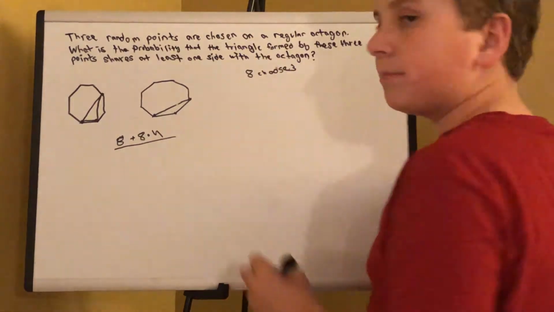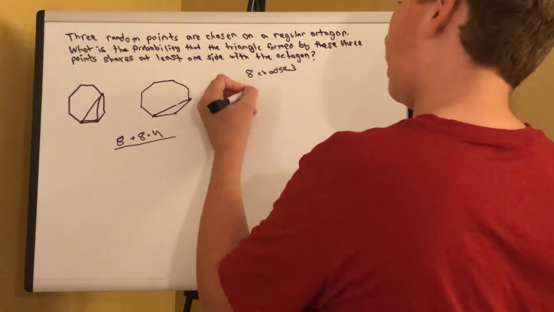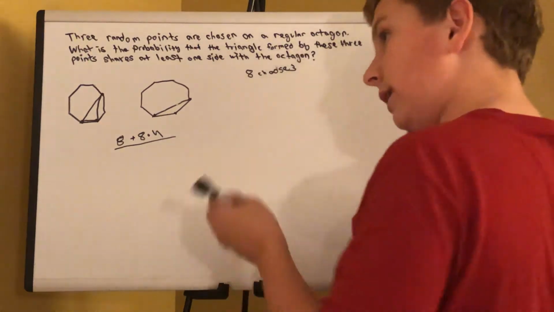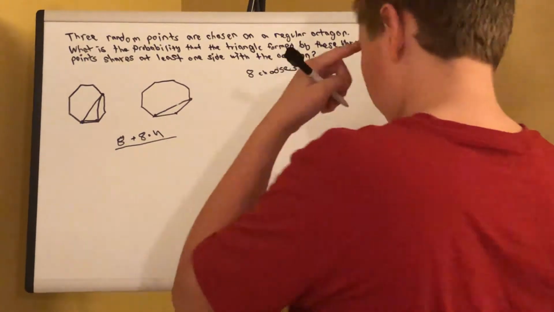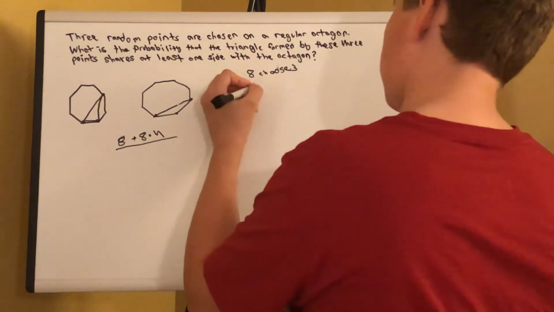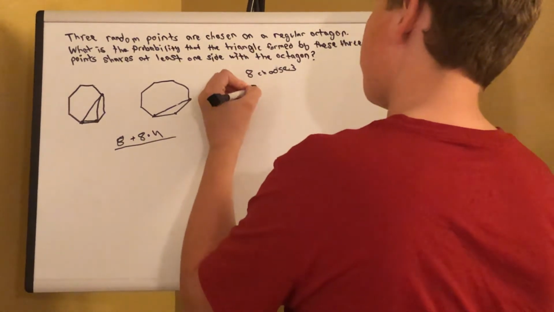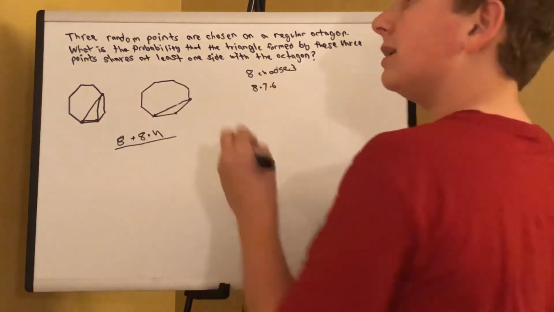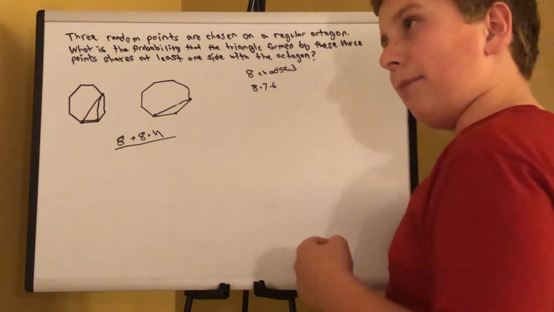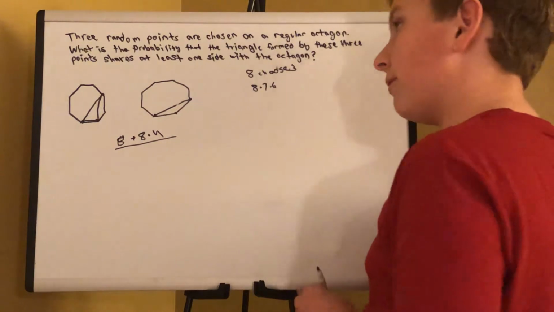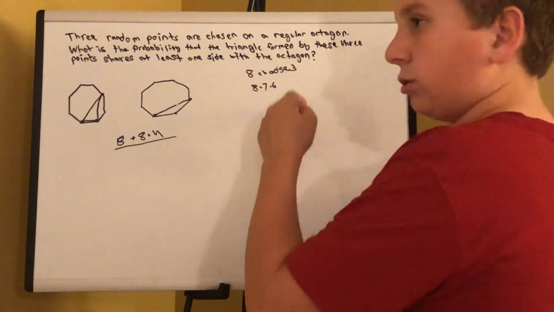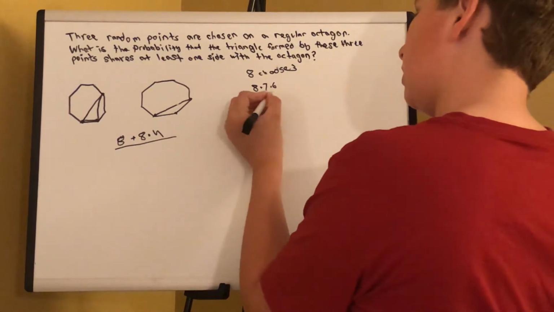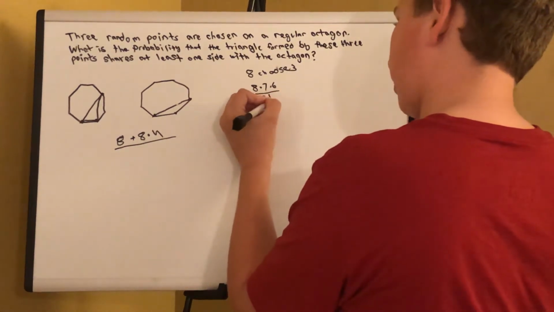So that would be 8 factorial. So 8 times 7 times 6, and then we have to divide that by the 5 factorial, right? So we're just going to have 8 times 7 times 6 over 3 factorial.